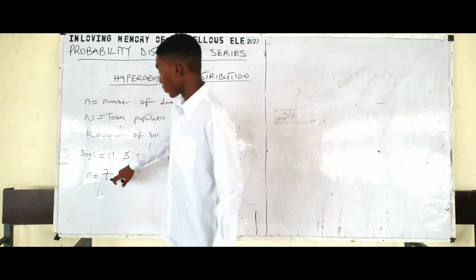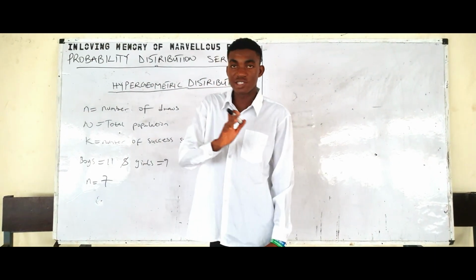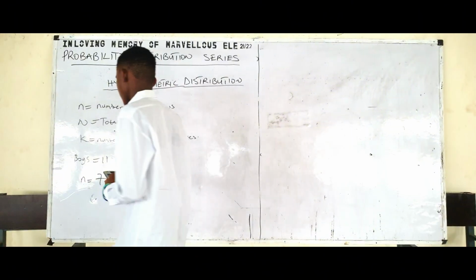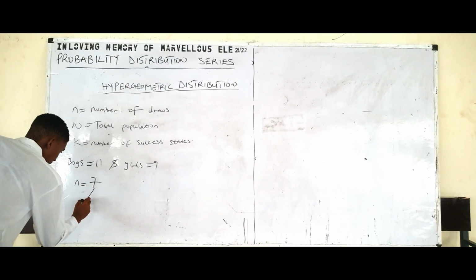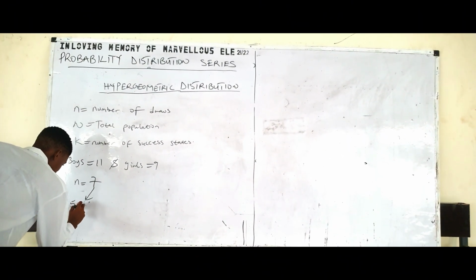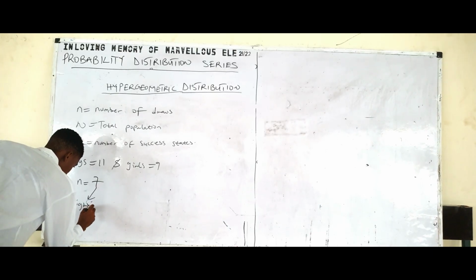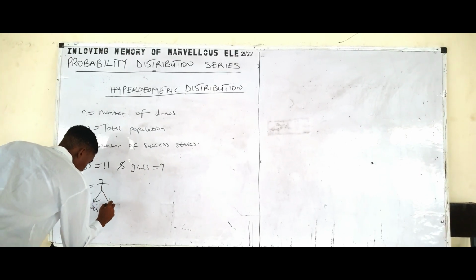So the number of draws, small n, equals 7. And out of the 7 drawn, 5 were girls and 2 were boys.